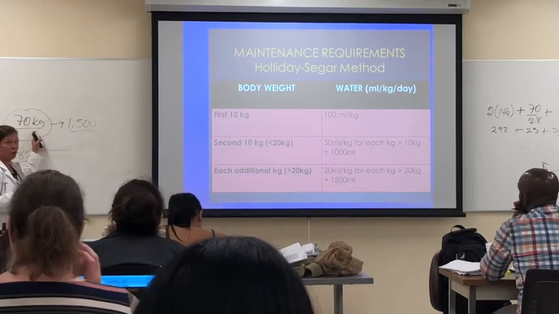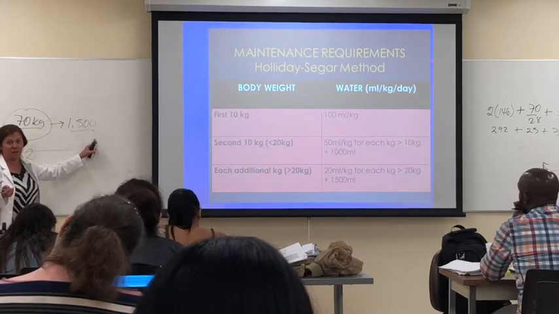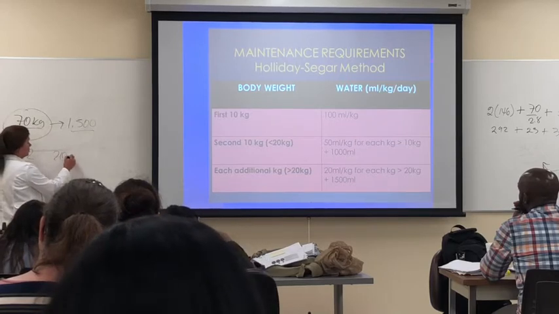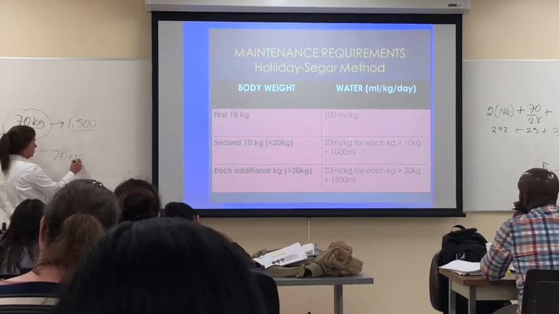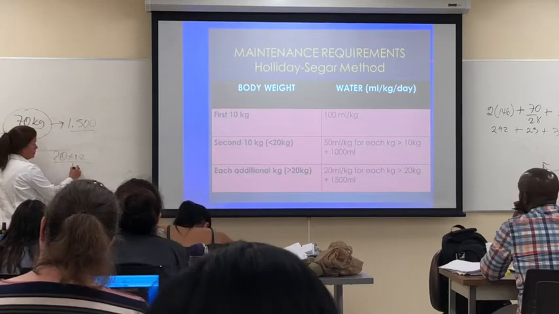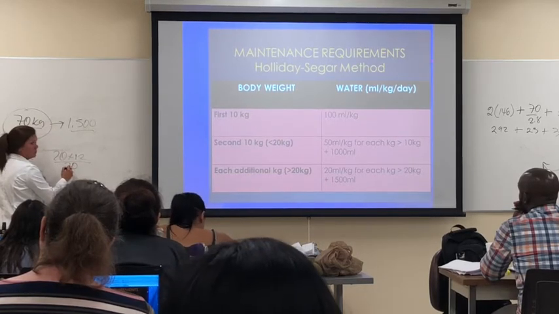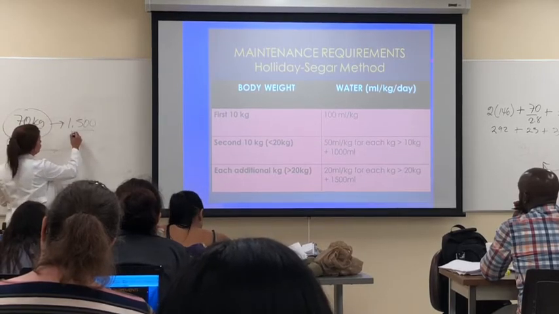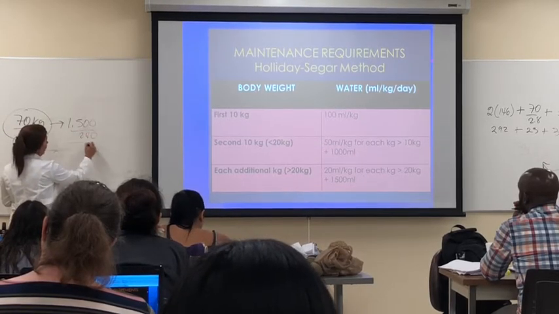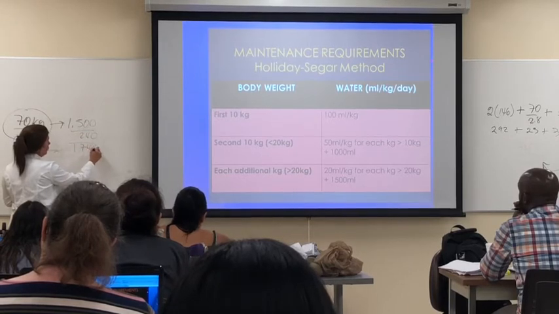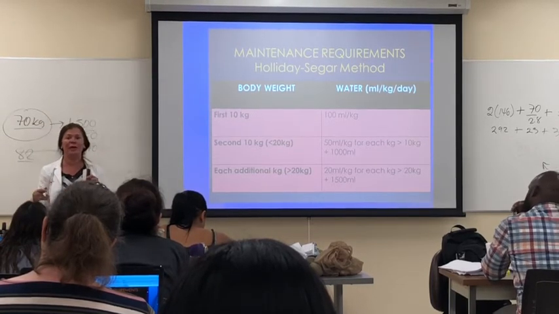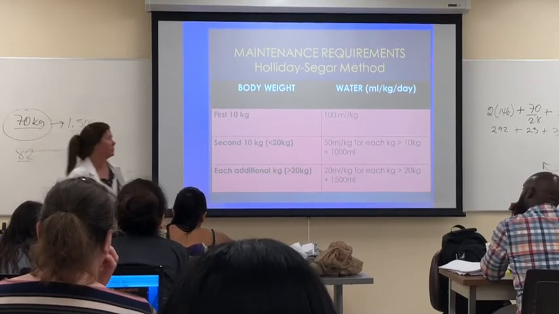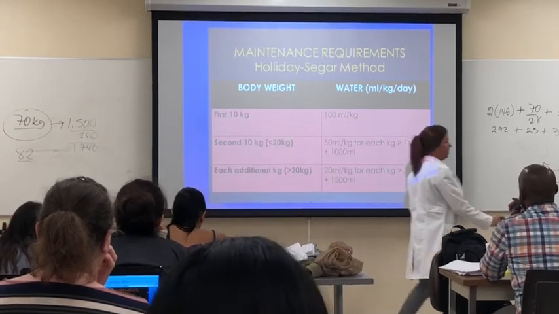By 70, you already have 1,500, so you have an extra 12, which is 240 more. You add that to 1,500 and have 1,740, divided by 24 hours, and you get your hourly rate. That's one way of doing it, the hard way.